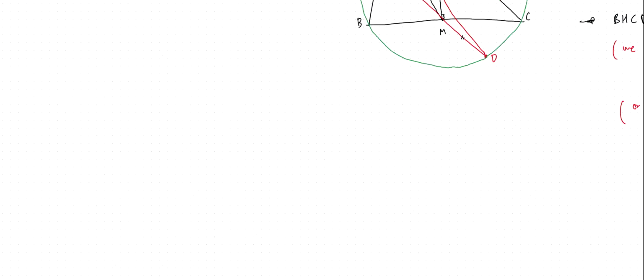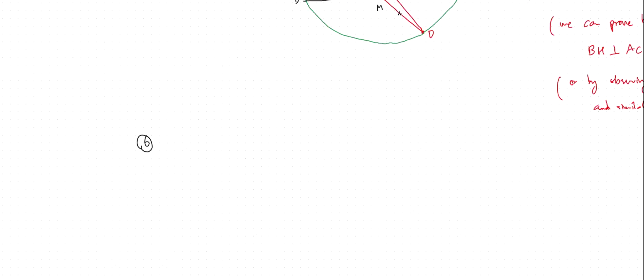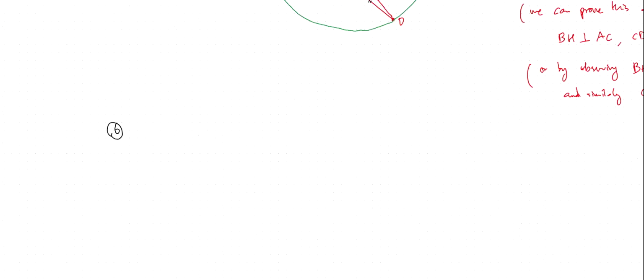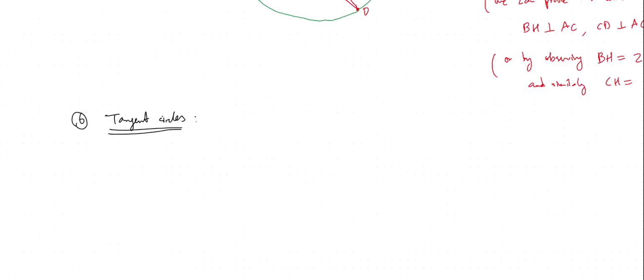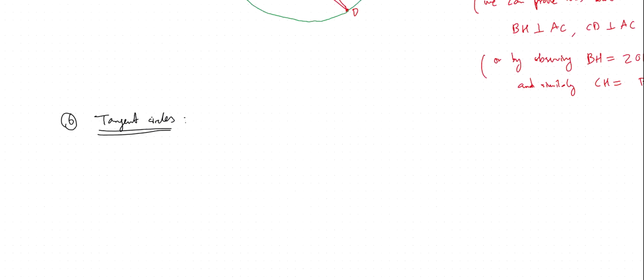So the next configuration I want to discuss is tangent circles. Namely, let's consider angle bisectors. Basically, there are 4 circles.